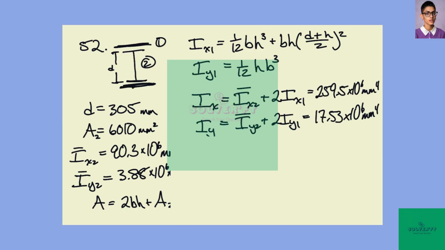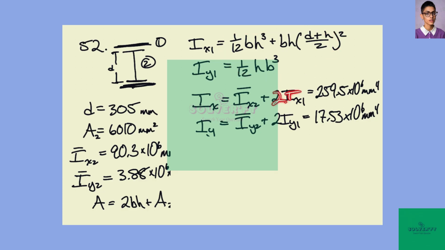Now we can look at this. We know that the centroidal axes of the whole cross section go through the centroidal axes of this subcomponent, so we can just plug those values in from here. We have two plates, again because of symmetry, where you can see that they're going to have the same values.